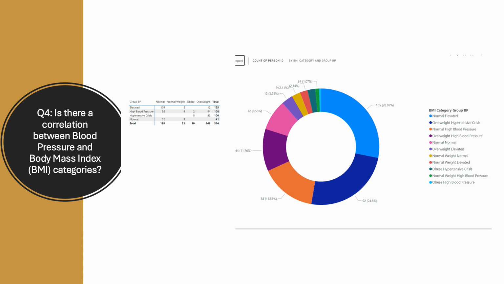Comparing it with people who were categorized as obese and overweight, we saw out of a total 92 and 8 from overweight and obese to be in hypertensive crisis.